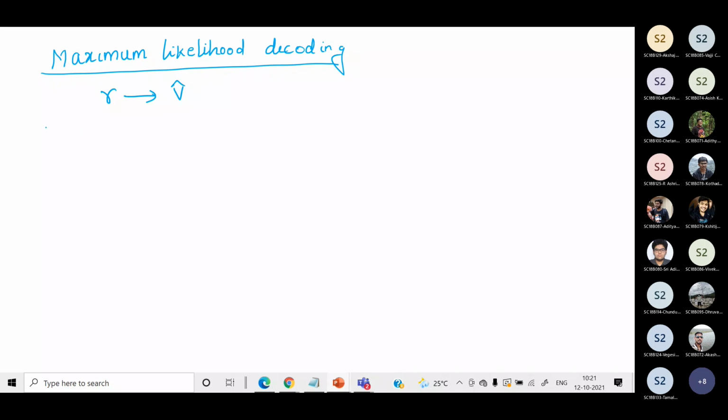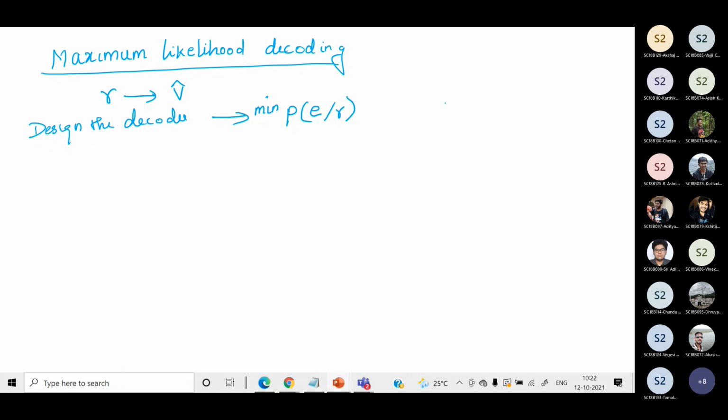First, we want to design the decoder in such a way that the probability of error for a given received vector R should be minimum.